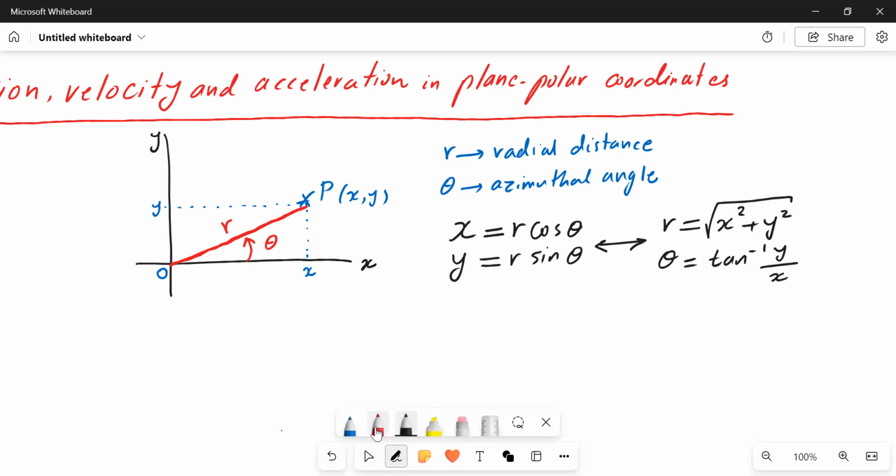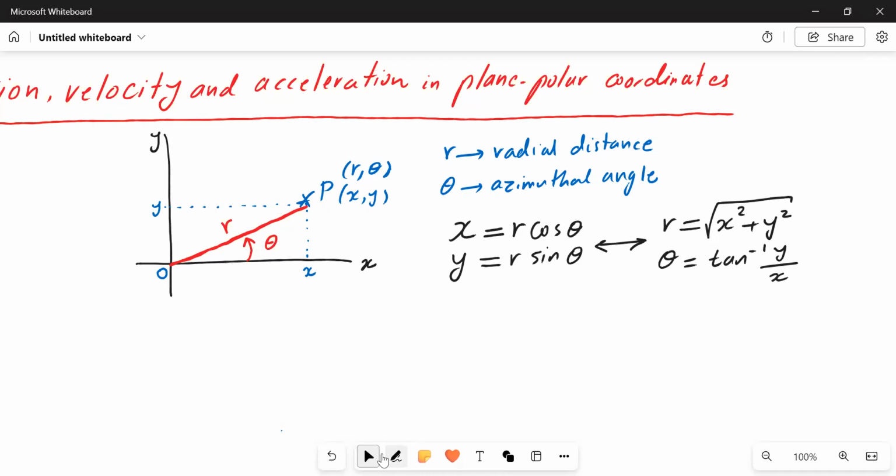Now we would like to define unit vectors in the plane polar system. Again, instead of working with x and y, we're going to work with r and theta, and for that, we need to define two unit vectors. The first unit vector shows the direction of the point with respect to the origin.